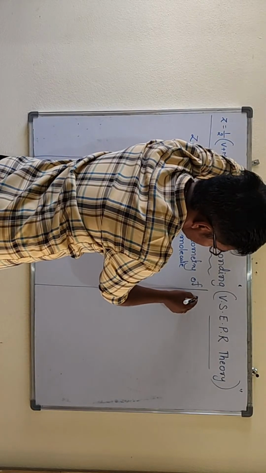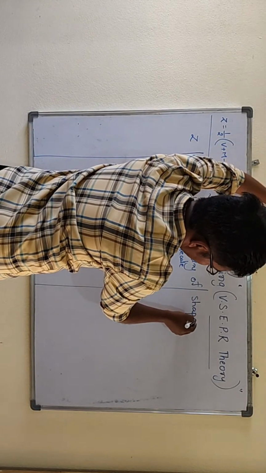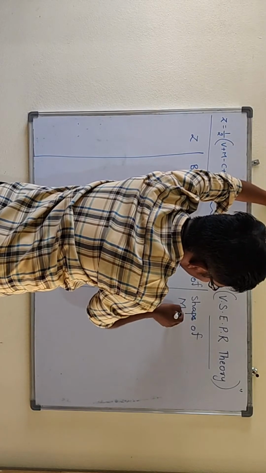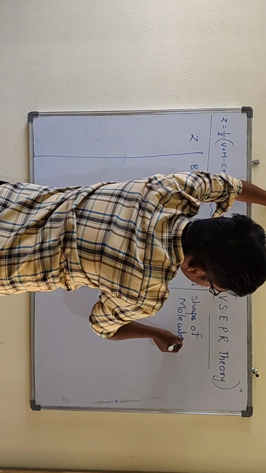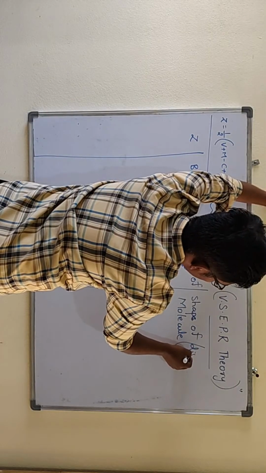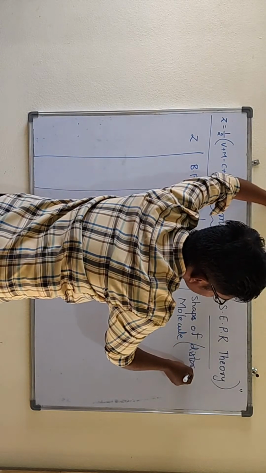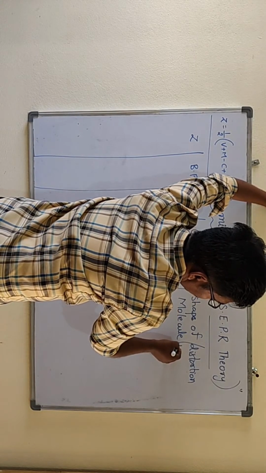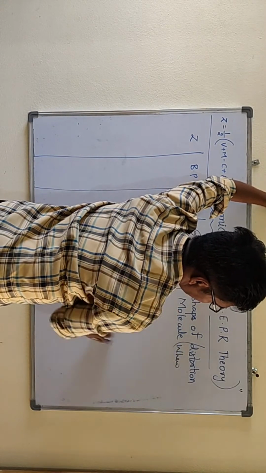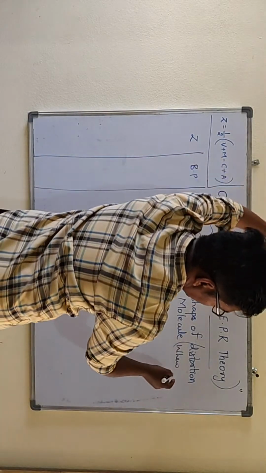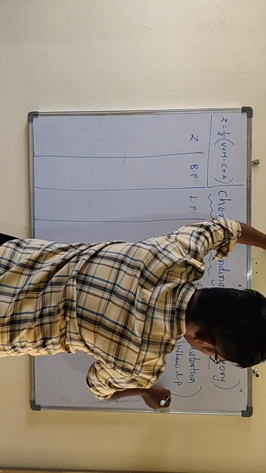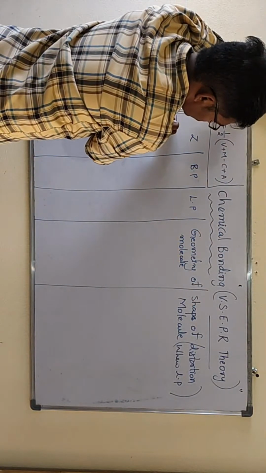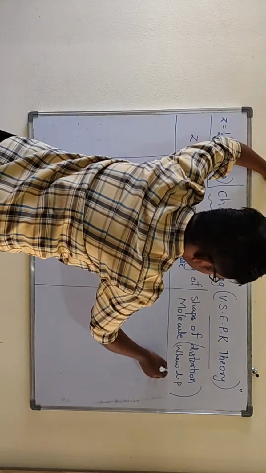That means the shape of the molecule shows distortion when lone pairs of electrons are present. So one by one we'll discuss.